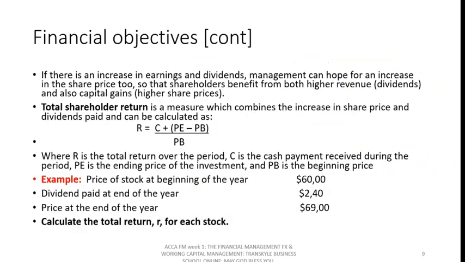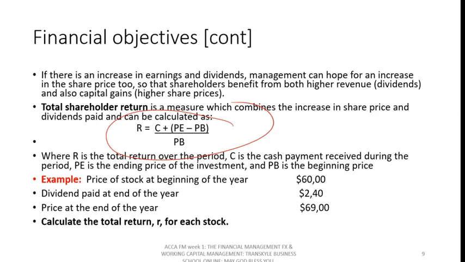So there is this particular formula, ladies and gentlemen, for the total shareholder return. All right, we have got R = (C + PE - PB) / PB, where R is the total return over the period and C is the cash payments received during the period.